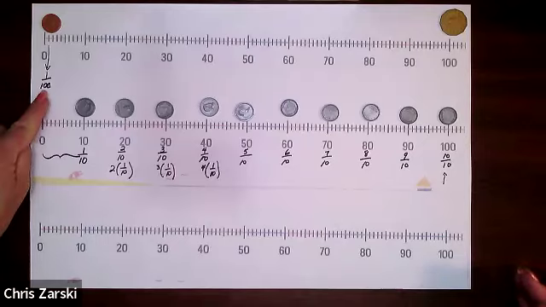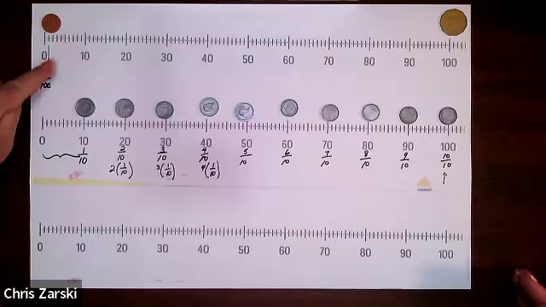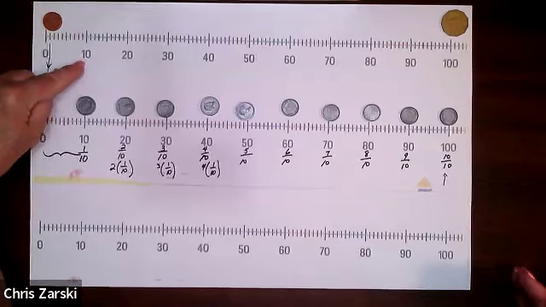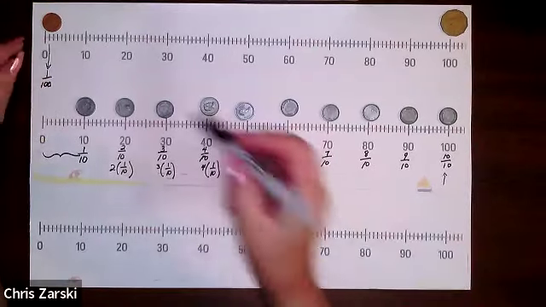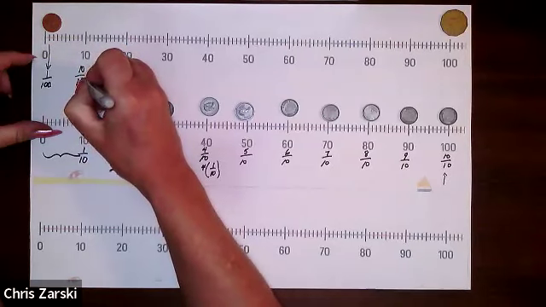So I would have 1/100th jump to get to this line. I do another 100th to get to this one. I do another one, I get to this one, and so on and so on. So then if I jumped that many times to get to the 10, what does that represent? Well, it was a dime. Or how many pennies would that be out of 100? It would be 10 out of 100. So again, you can kind of see where we're going.